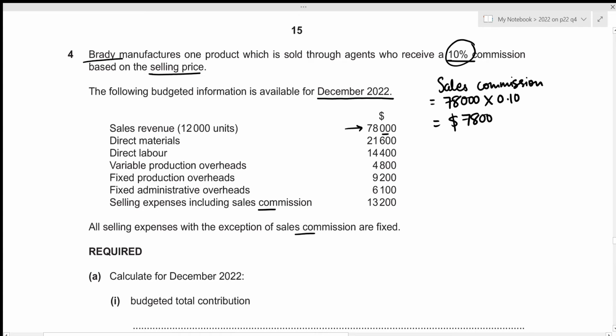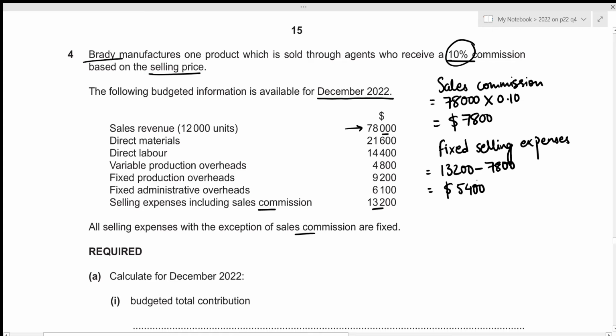All right, then the fixed selling expenses is going to be the selling expenses including sales commission minus the sales commission. So that's 13,200 minus 7,800, which results in the value of 5,400.